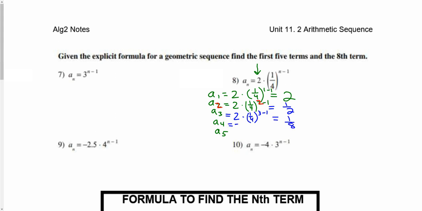And then the next one is 2 times 1/4, 4 minus 1. 1/32. And the last one is 2 times 1/4, 5 minus 1.